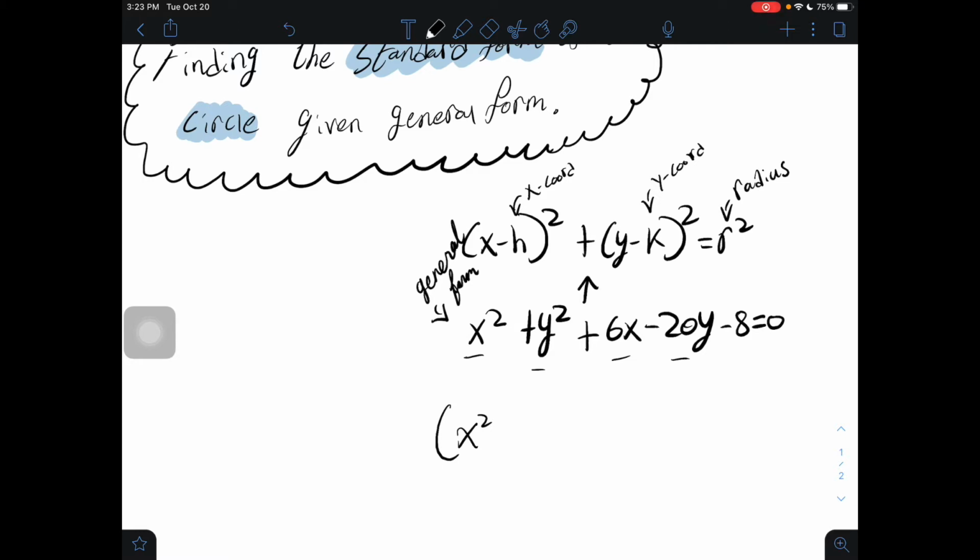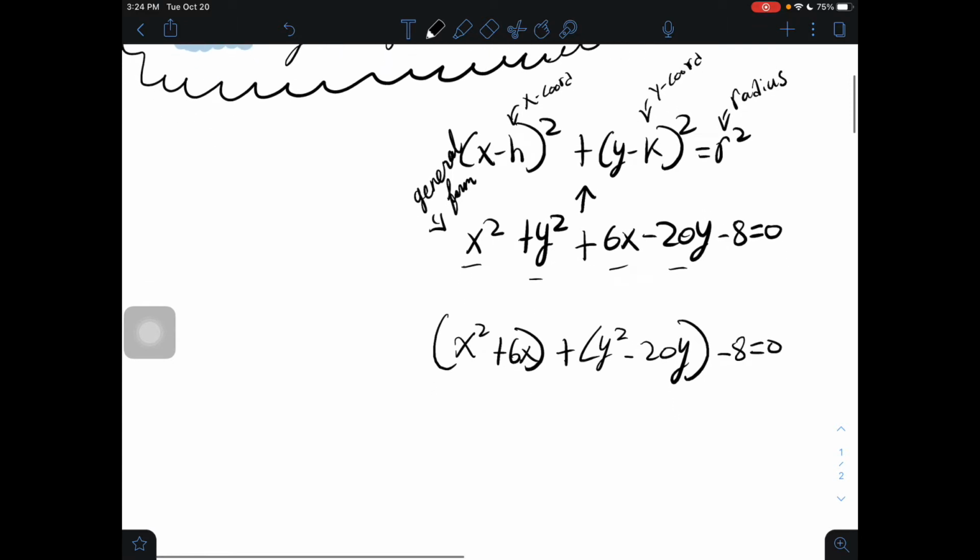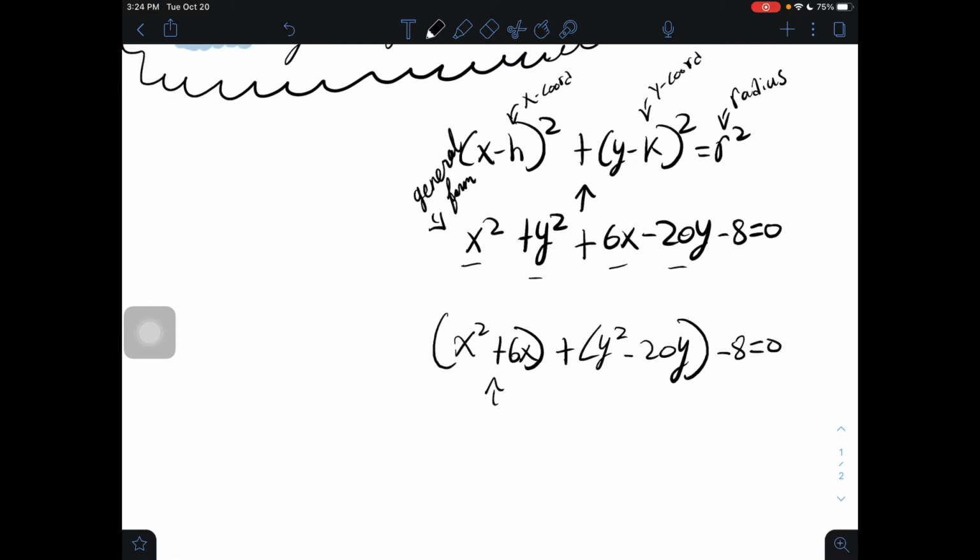So we have (x squared plus 6x) plus (y squared minus 20y), and this 8 is just going to stay outside of our parentheses, and this is all going to be equal to 0. Now, you can see that we have these as binomials, and we want to make these perfect trinomials. In order to do that, we're going to complete the square.